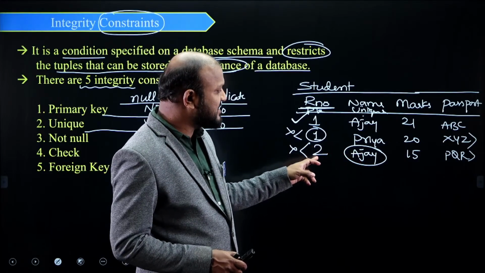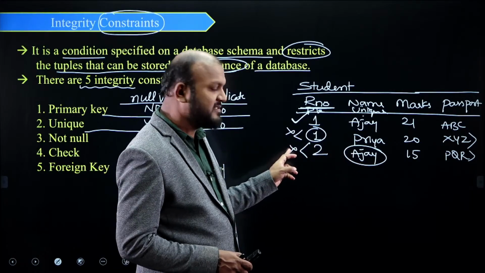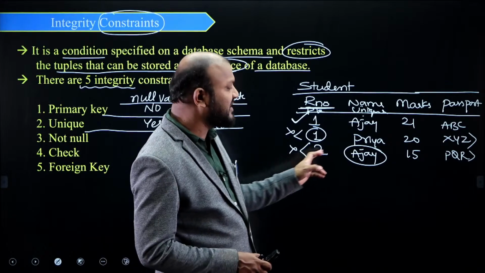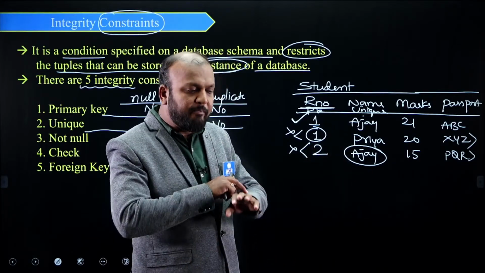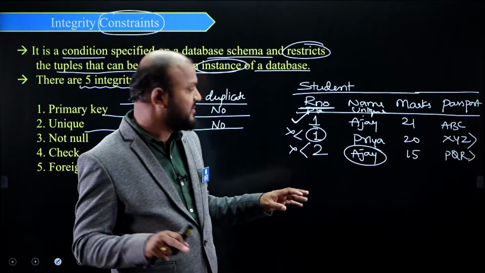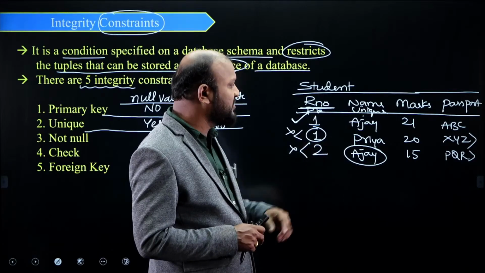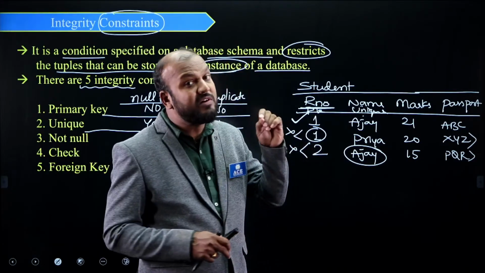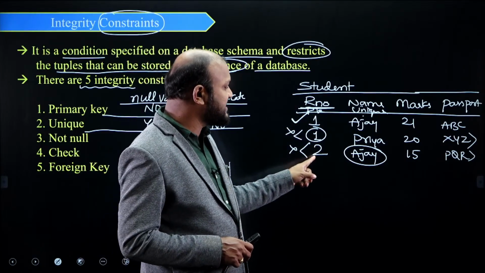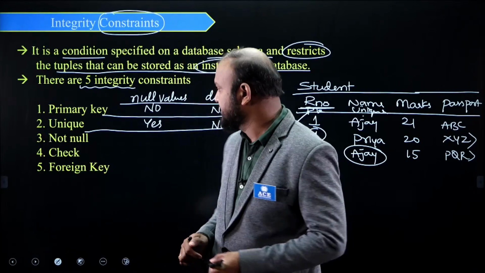Because this constraint is satisfied but this one is violated, the tuple is rejected for insertion. Whenever you insert a tuple, a complete row should be inserted or not inserted at all. The complete row is inserted only if all the integrity constraints are satisfied. Here the primary key constraint is satisfied, but the unique constraint is violated, so it is going to be rejected.